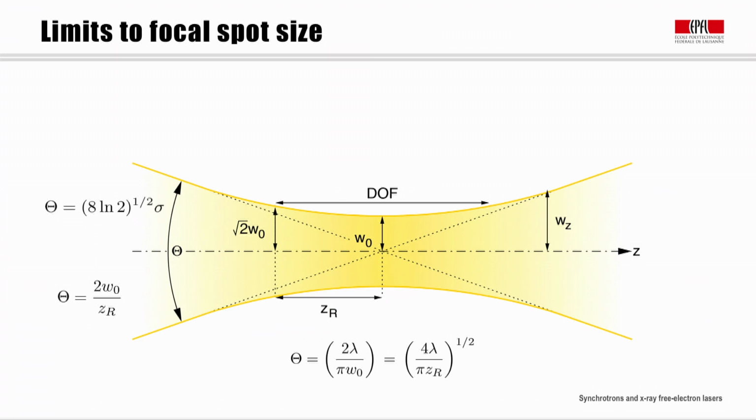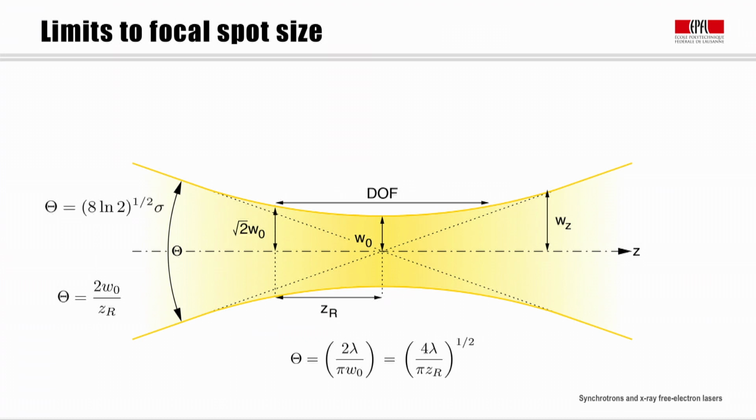Using this relationship and substituting for either ZR or W0, their relationship to the beam divergence can be derived, as shown here. The more focused the beam, i.e. large theta, the smaller the focal spot and the shorter the depth of field.